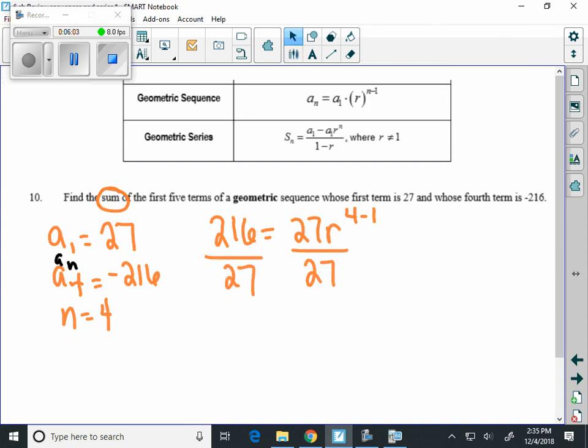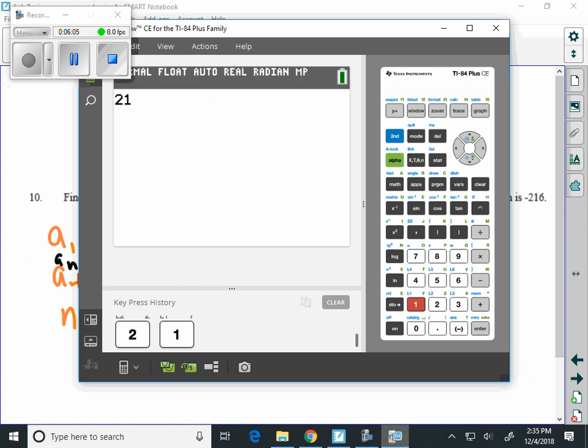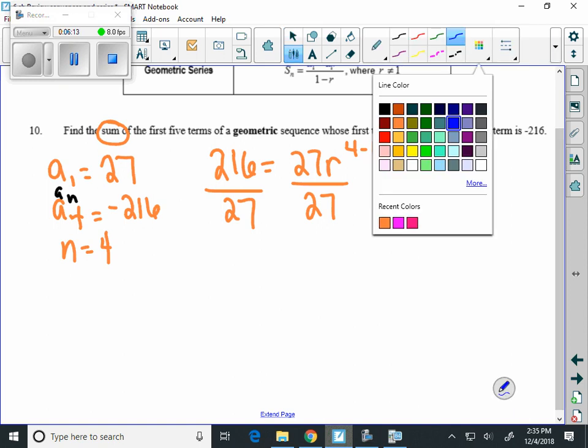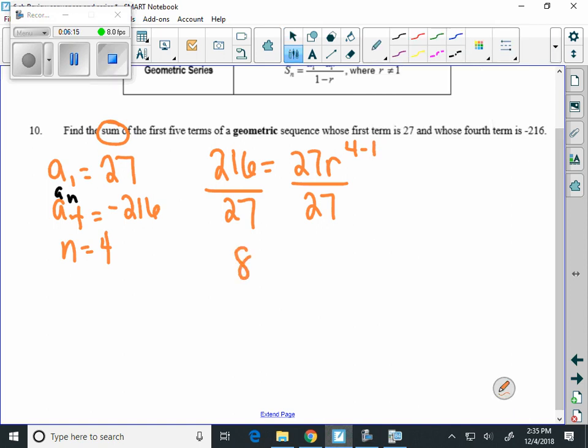So we're going to take 216 and divide by 27, and we end up with 8. So 8 equals r to the 4 minus 1, which is 3. If you think of your quick recall, the question is what times what times what equals 8. And what we know is that r equals 2.